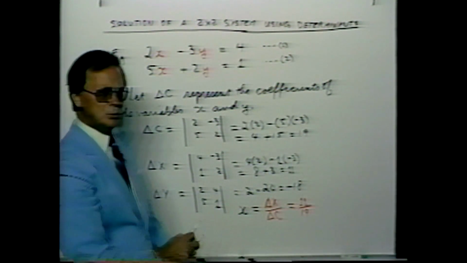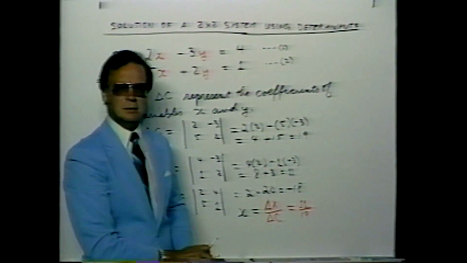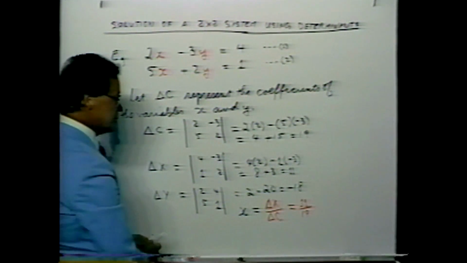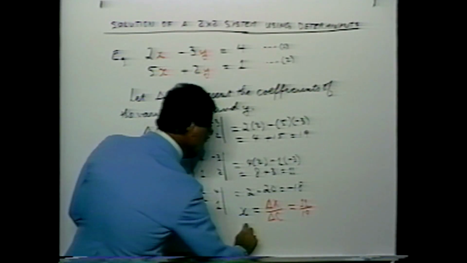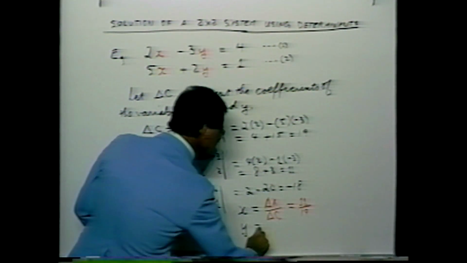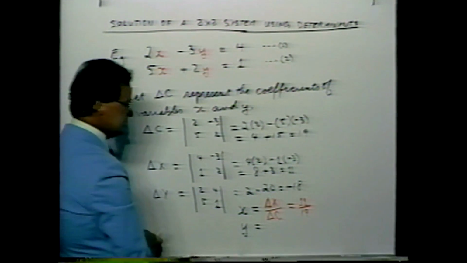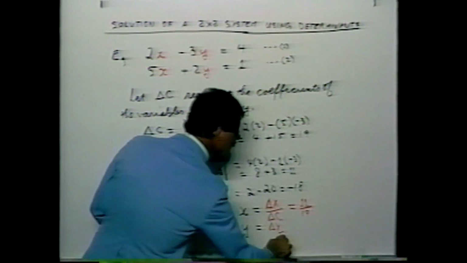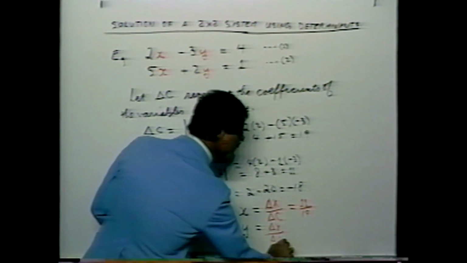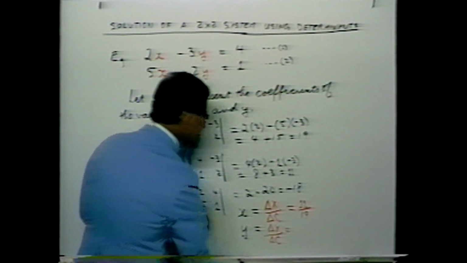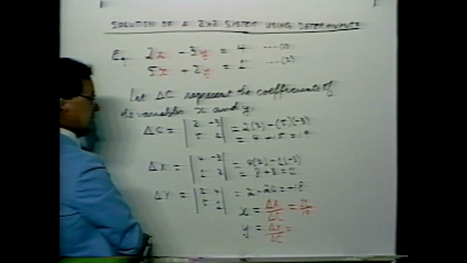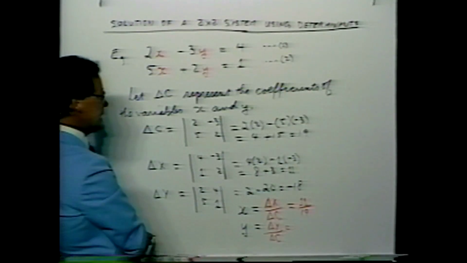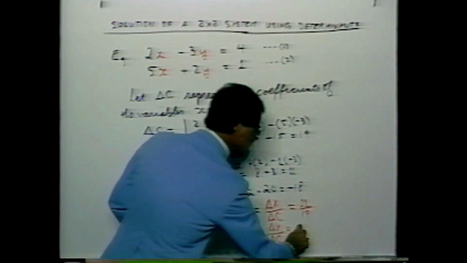So x is equal to 11/19. Similarly, you could probably guess what I will do now, is for y must be delta y divided by delta C also. And delta y divided by delta C is minus 18 over 19.